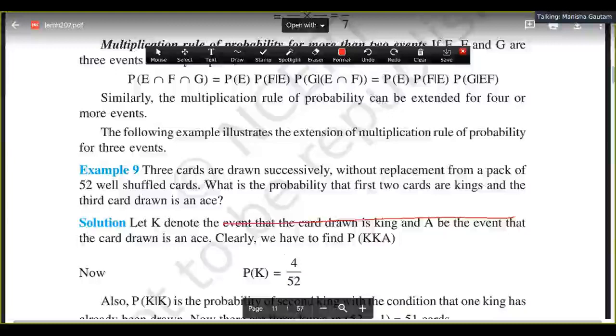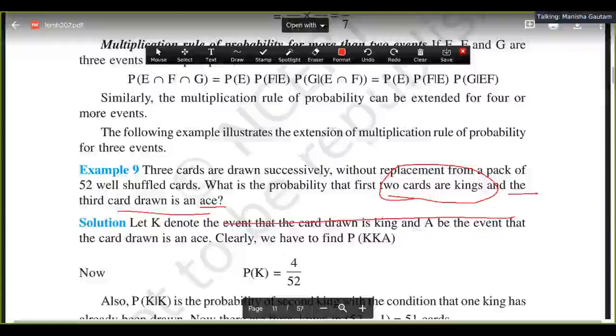It means when you are picking the card, you are not putting it back, you just draw the second card, and the same for the third card. Now, what is the probability that the first 2 cards are kings and the third drawn card is an ace? It means the first 2 cards are kings, you have that condition, and the third one is the ace.